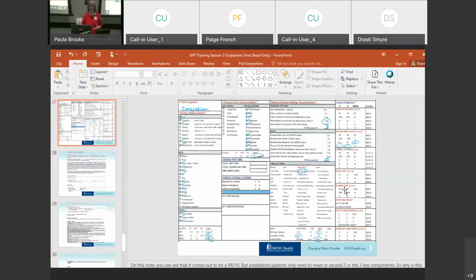So even though it might not be a new problem to you, the numbers might not add up to that higher level, as long as it's in your note that this is a severe exacerbation and what you had to do to stabilize that patient before you could let them leave your office, we're going to see that, and we're going to understand that, okay, this was an immediate threat to this patient, and we're going to go for that higher level at that point.